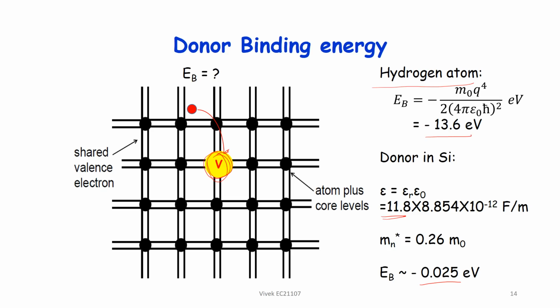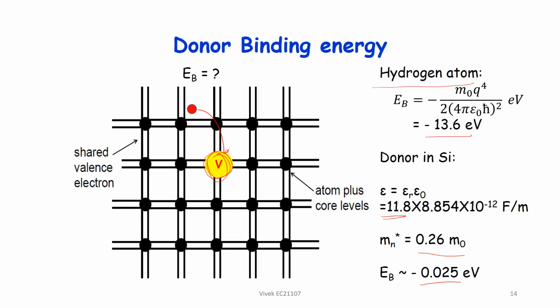So this is not an exact value, but it gives you an indication that it's much less compared to the band gap. Okay, so here Mn is 0.26 m0. Here the mass is basically the conduction band electron effective mass. You see this is slightly different from what we discussed previously, 1.18.